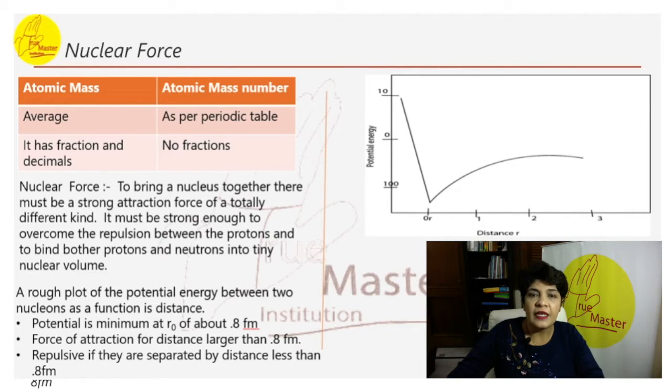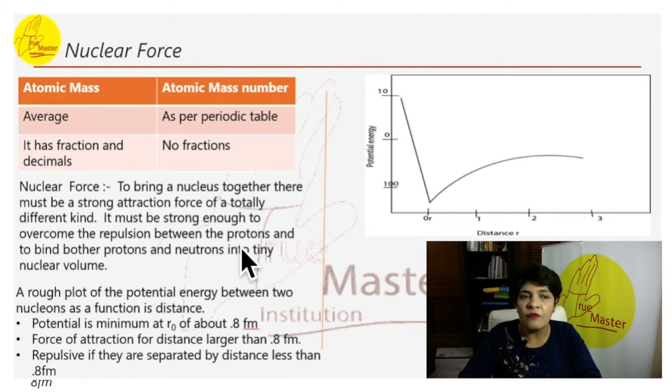So we are defining the nuclear force here. It is a force that keeps two like charges together. Why? Because whenever there are like charges, the same kind of charges, there is going to be repulsion, for example between protons. So we must have a force which is stronger than this, and this force is called the nuclear force.